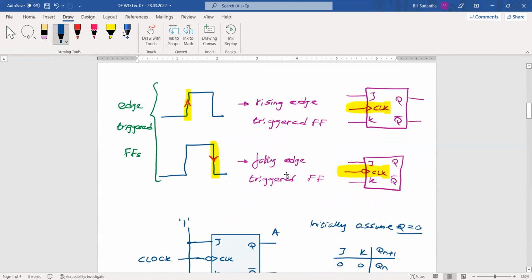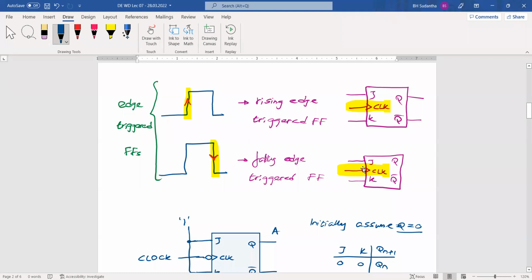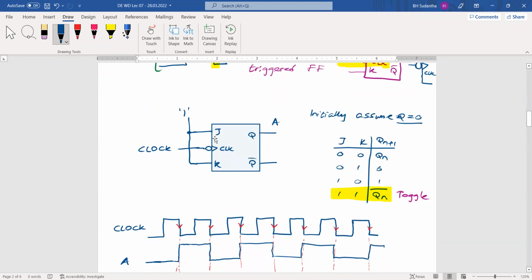For the falling edge, in addition to the small circle, inside it we have a small triangle, something like that. This is the clock, as I drew here.